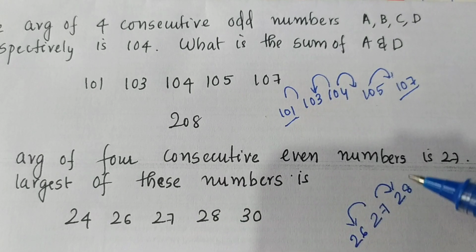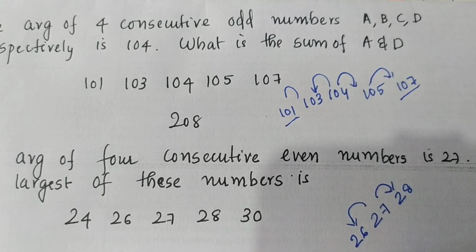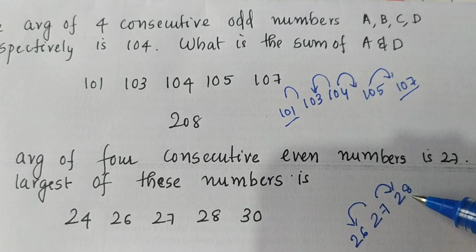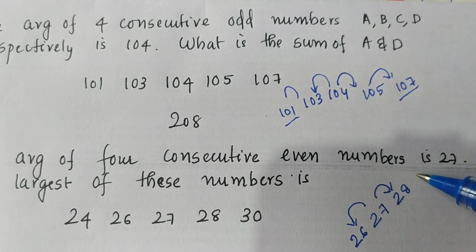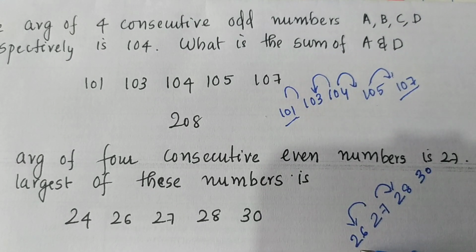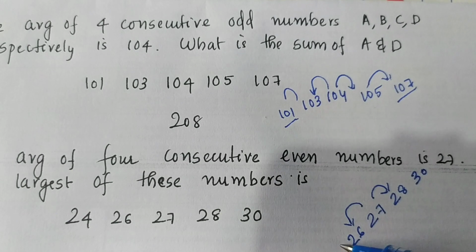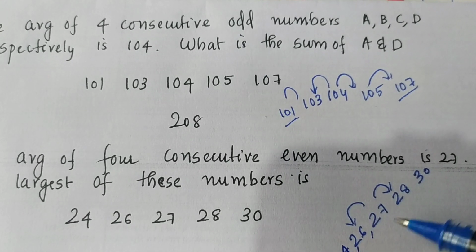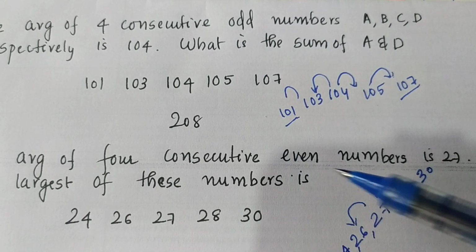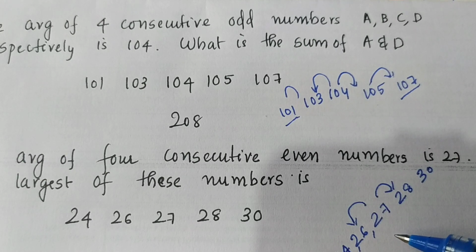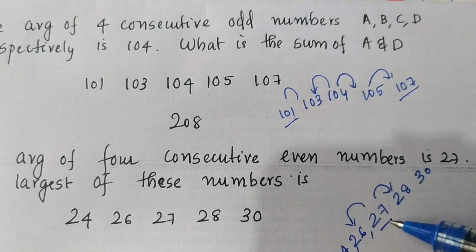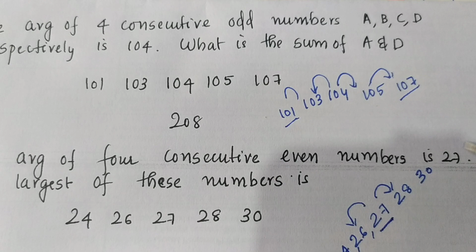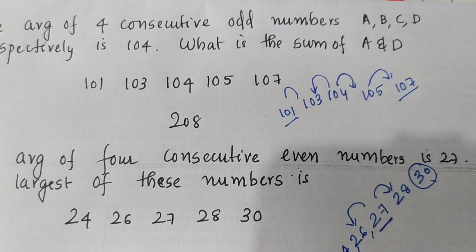There are 4 numbers. We have to fill up equal numbers to the left and to the right. After 28, the even number is 30. Before 26, it is 24. So we got the 4 consecutive even numbers having average 27. So what will be the largest number? 30 will be the largest number.